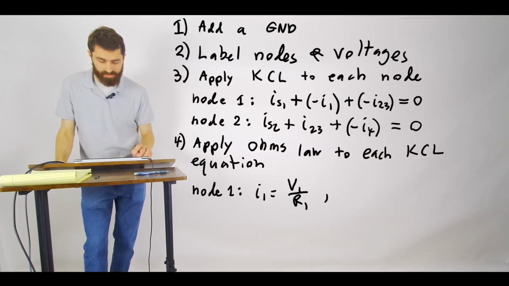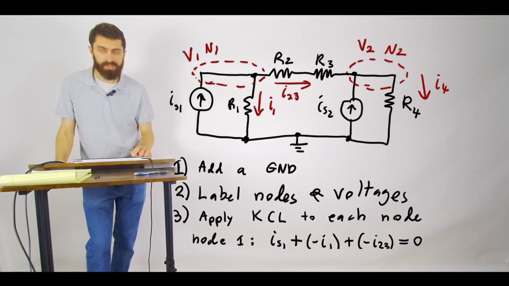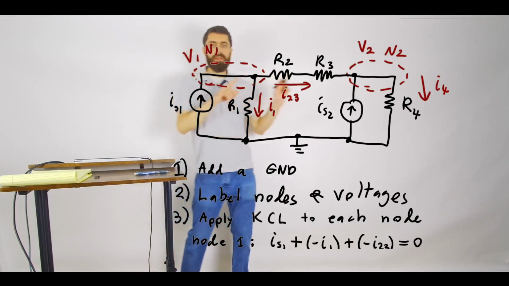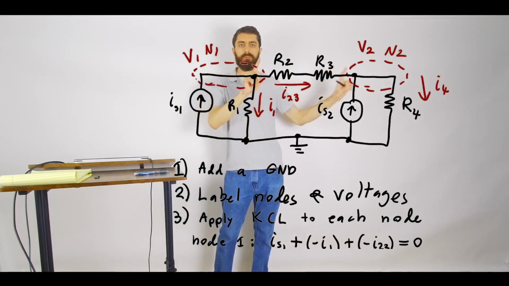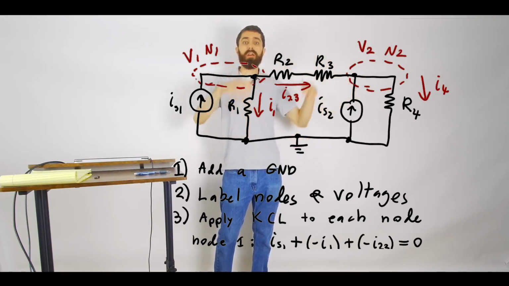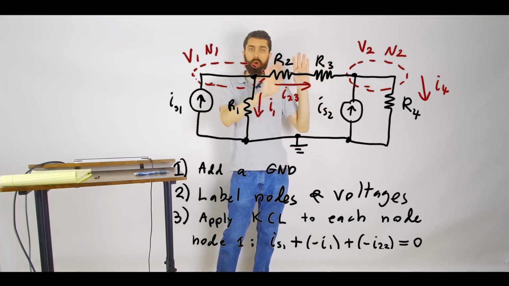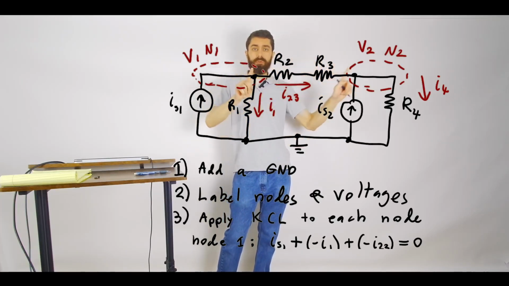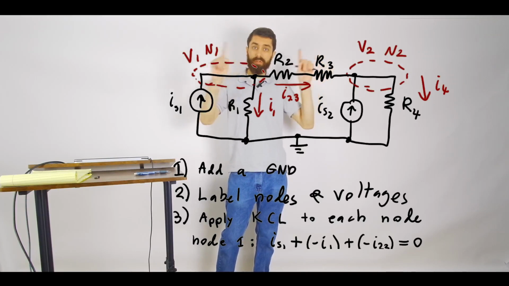And then the other current we have, I23. This one you have to think about a little bit more, but essentially that current would be the voltage across these two resistors divided by their total resistance. We know the total resistance is R2 plus R3, but the voltage here, remember that a voltage is about a difference in potential energy, right?